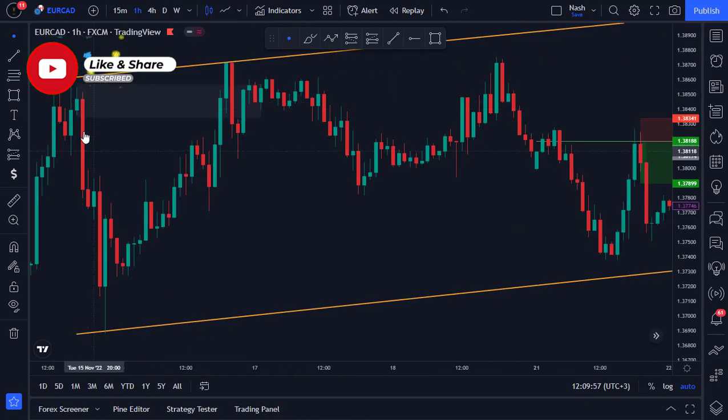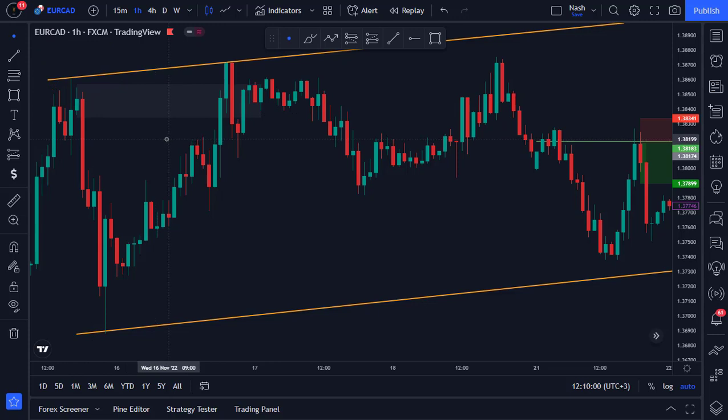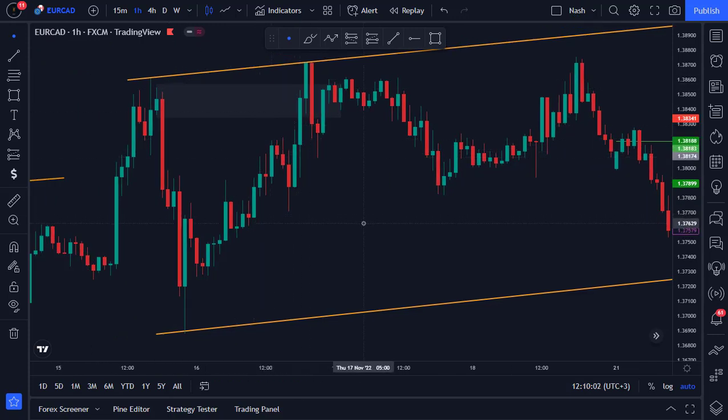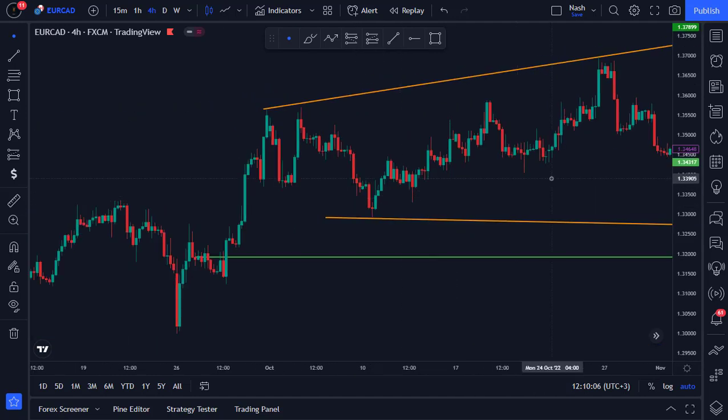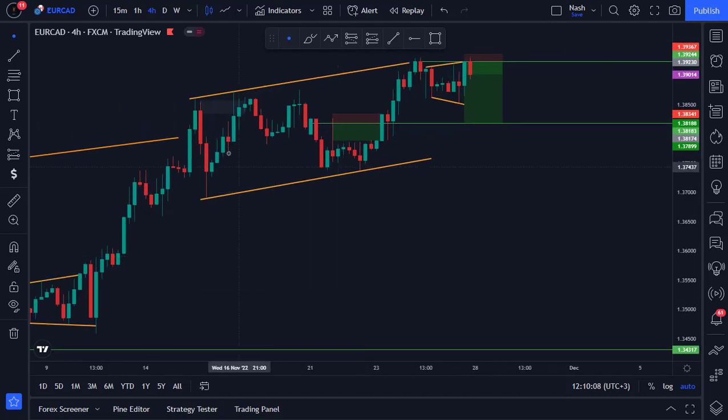So with my refined entries along these areas, I did expect the price to push towards the downside, but you can see the way the price was pushing. If you look at the 4-hour chart, this one was not convincing for this price to continue pushing towards the downside.